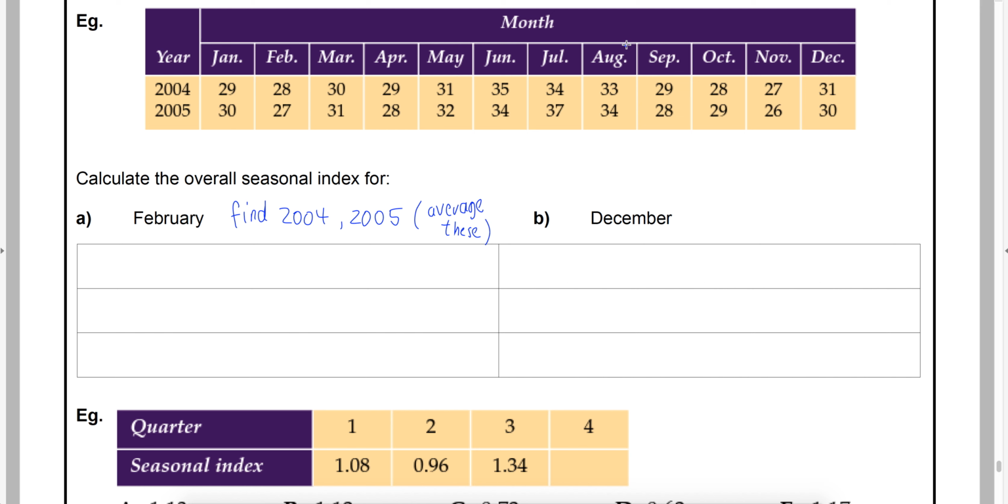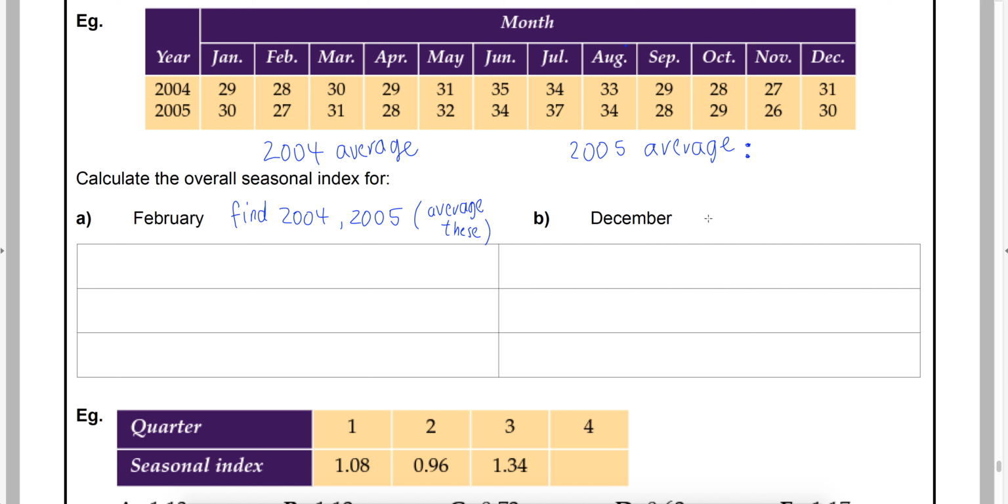So the first thing I'm going to do is get the seasonal average for 2004 and for 2005 because I'm going to need them. What I need to do here, because I just need it for February and for December, is find 2 seasonal indices for February, one from 2004 and one for 2005, and the same for December. Then I'll just take the average of those 2.